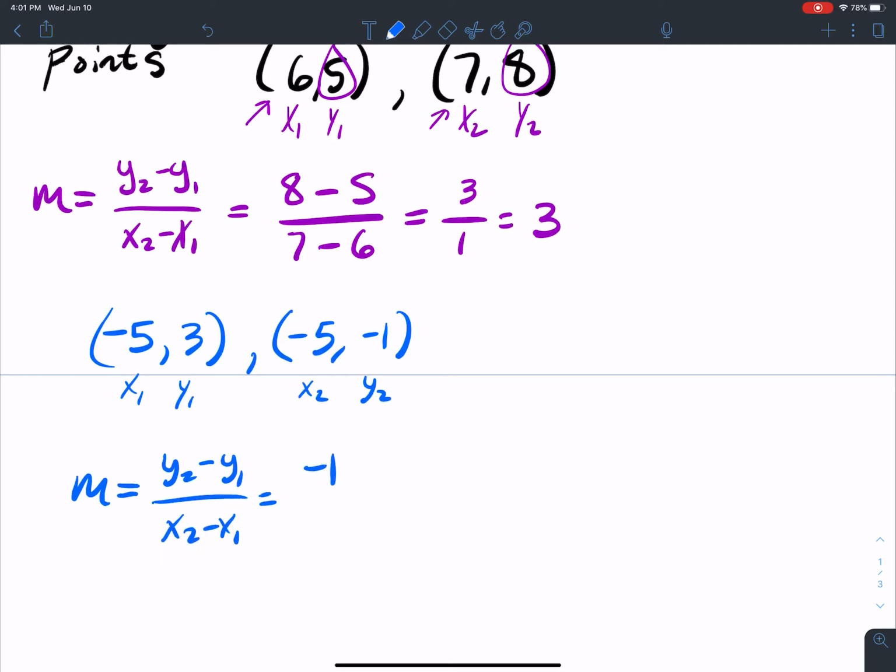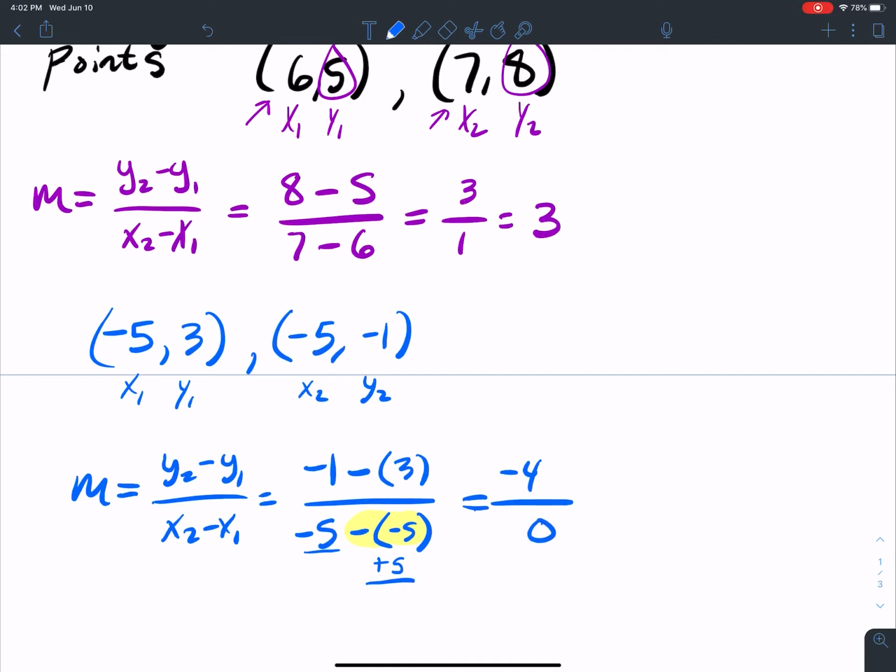So y2 is negative 1 minus y1 is 3, over x2, which is negative 5, minus x1, which is negative 5. Now in the numerator, I have a minus and a minus. So minus 1 and a minus 3 is minus 4. In the denominator, I've got a minus a negative. What does minus a negative do? That turns into a plus 5. So a negative 5 and a plus 5 make 0.